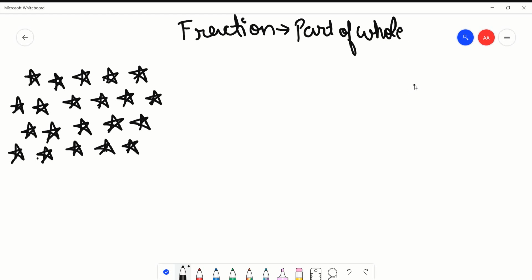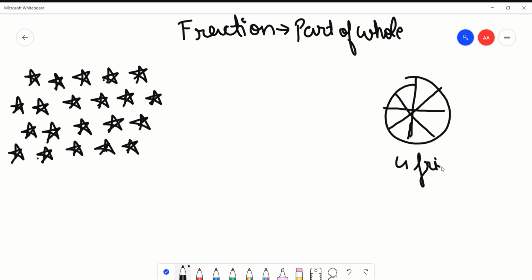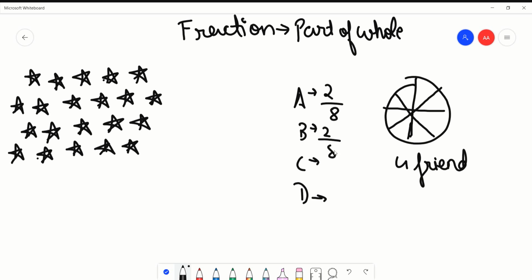Let's take an example. Suppose we have a pizza which is divided into 8 parts, and we have 4 friends A, B, C and D. Suppose each friend wants 2 pieces of 8 pieces.